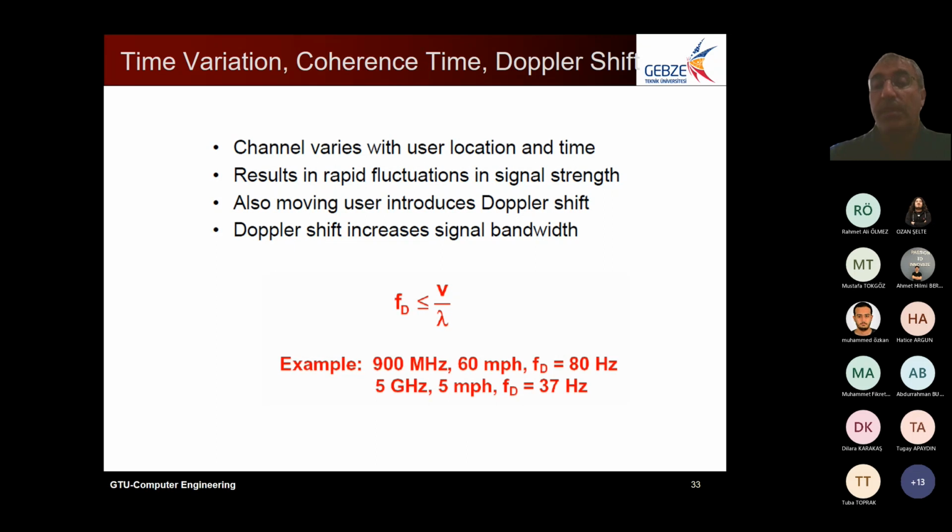If you plug this value into the same equation, the calculated Doppler shift is equal to 37 hertz. As you see, the speed in this case is more dominant.